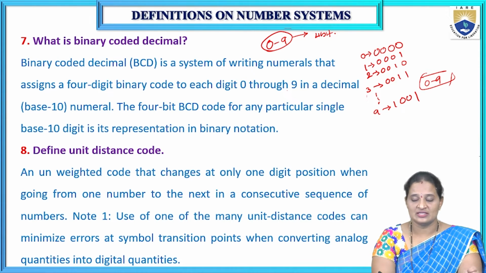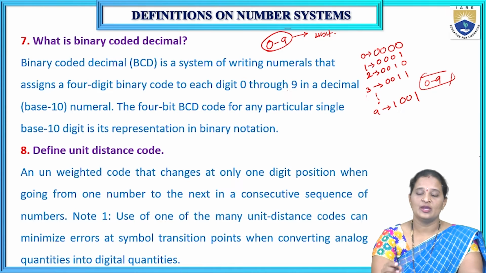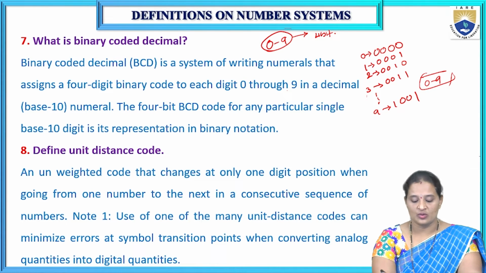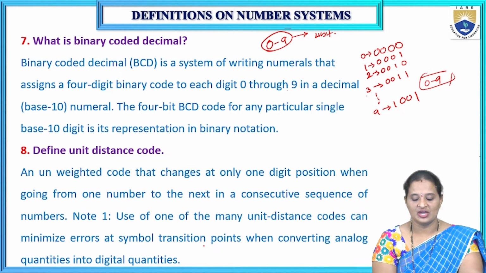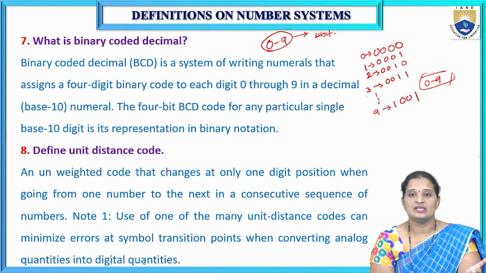So if 2 consecutive numbers differ by only 1-bit position, then such codes are said to be unit distance code. Use of one of many unit distance codes can minimize error at symbol transition points when converting analog quantities into digital quantities.